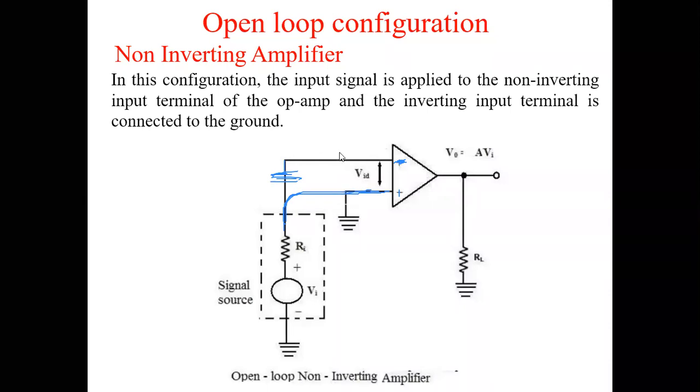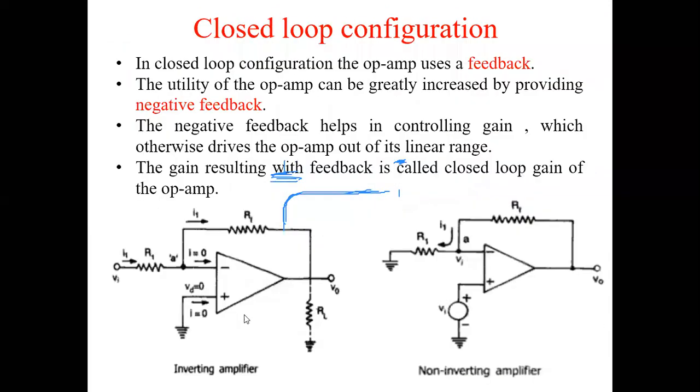Similarly here, since it is an inverting amplifier, we are applying the input to the inverting terminal, and automatically the non-inverting terminal is given to the ground. So that is the concept.